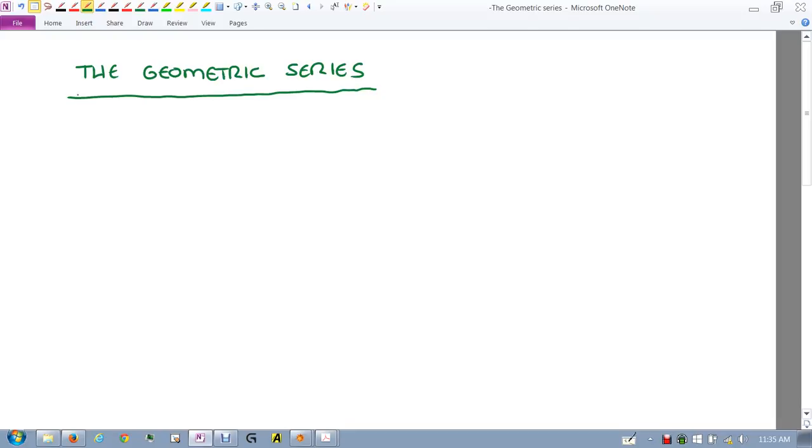Okay, so the geometric series. What does a geometric series look like? Well, here's what it is. Anytime you have an infinite series that looks like a times r to the n minus 1, where a is a constant, r, well, do we really need it to be bigger than 0? No, we don't. Good.